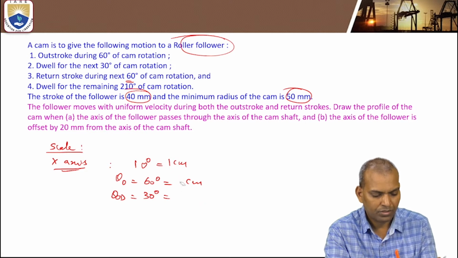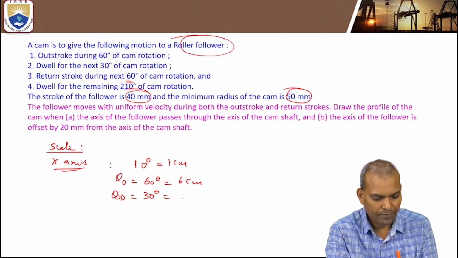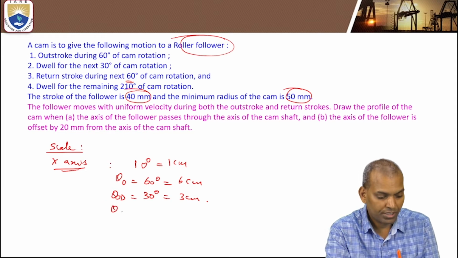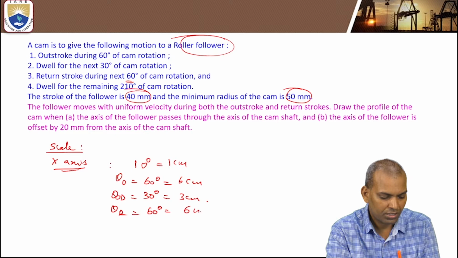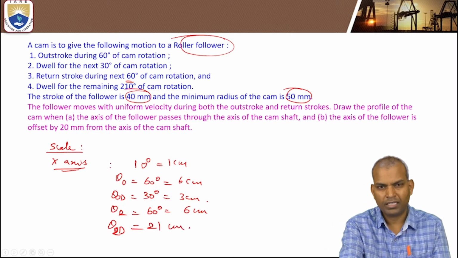Then it becomes 6 centimeters, and dwell during outstroke becomes 3 centimeters. Next, during return stroke, that is 60 degrees, that is 6 centimeters, and dwell during return stroke, that is 210 degrees, that is 21 centimeters.